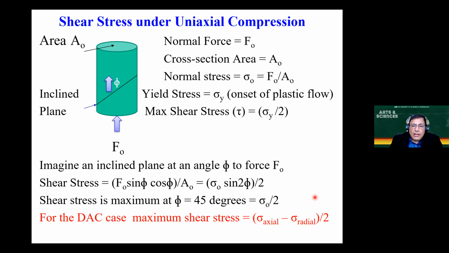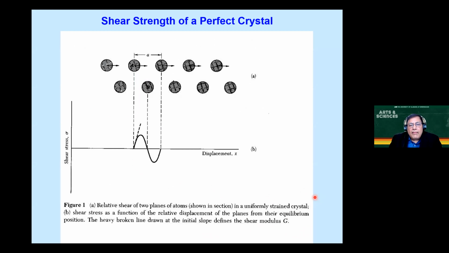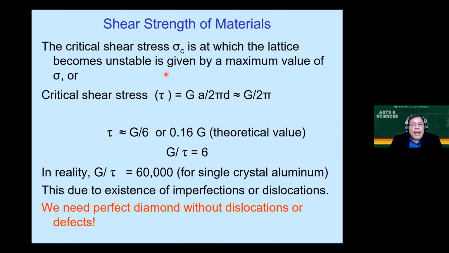So that is important. Then let's look at a very basic analysis of the shear strength of a perfect crystal. This is actually from an introductory solid state physics book. If you take these planes of atoms, which have spacing of around A, the interplanar spacing is around D, and you plot the shear stress as a function of displacement, what you find is that the maximum shear stress which a material can take, under the simple assumption, is approximately G over 2 pi, which is about G over 6.